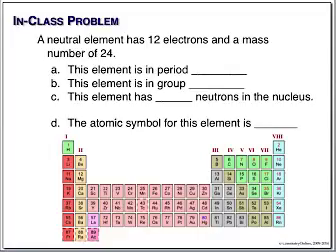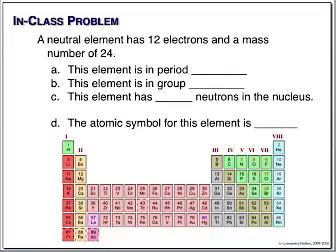Well, the trick here is to recognize that for an element to be neutral, you must have the same number of protons and electrons, because we have negatives and we have positives. So to be neutral, they have to equal each other.